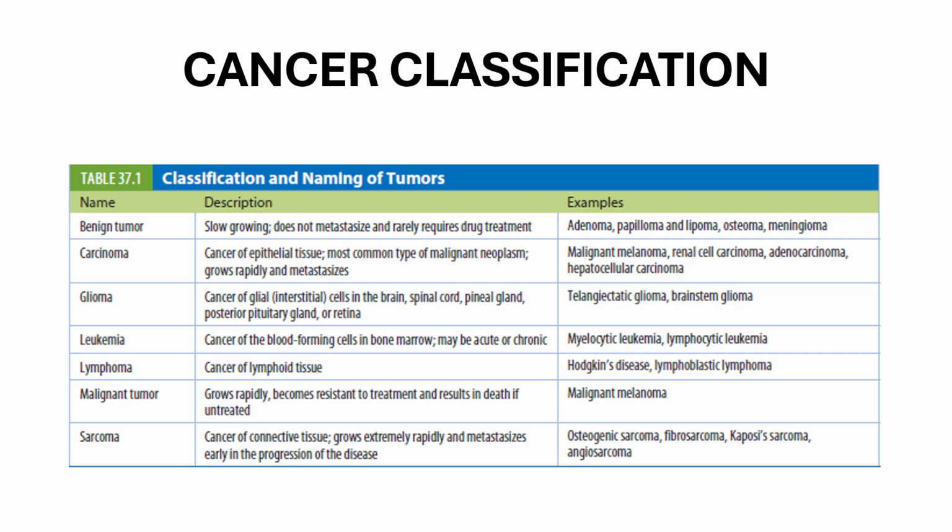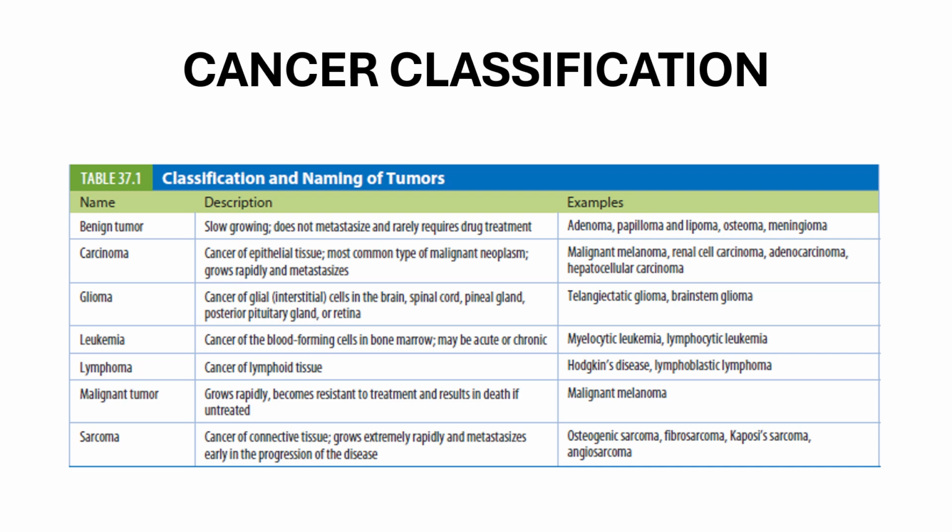Osteoma and meningioma are also common examples. Then we have the term carcinoma, cancer of epithelial tissue, the most common type of malignant neoplasm. It grows rapidly and especially metastasizes, or transfers from one part of the body to another.